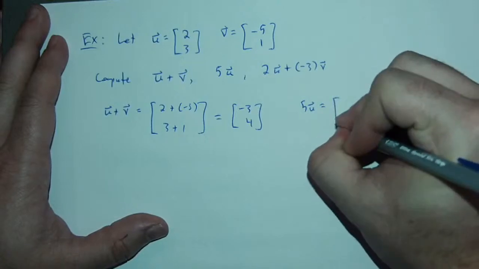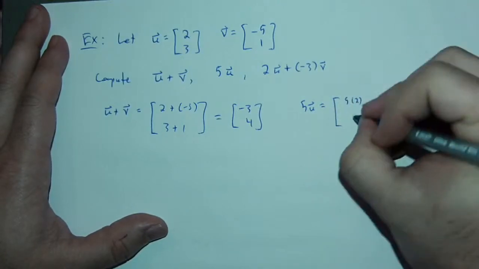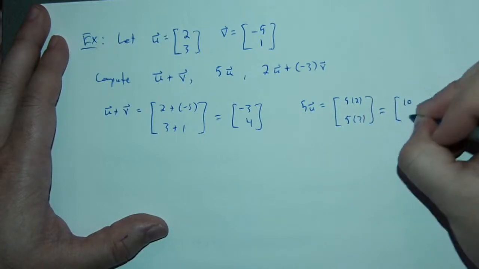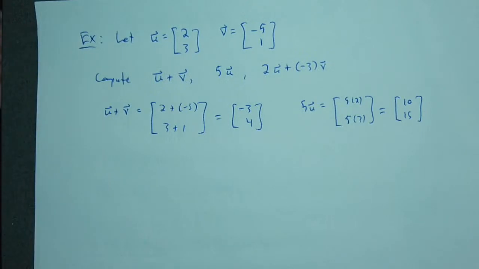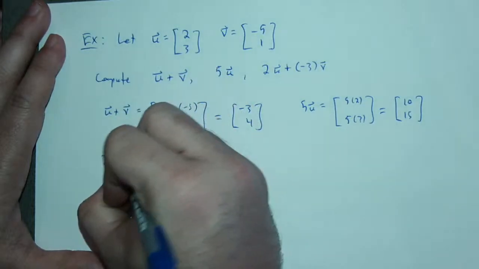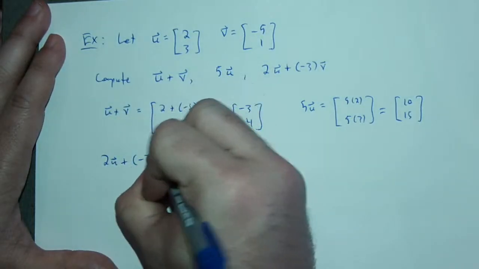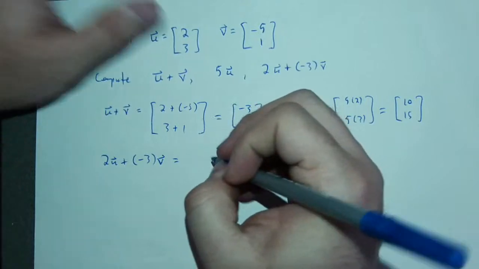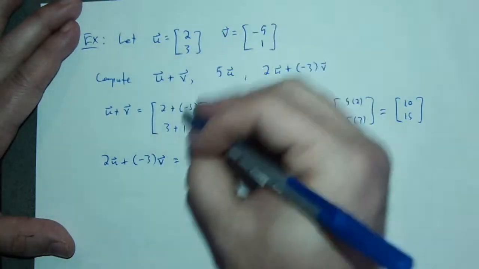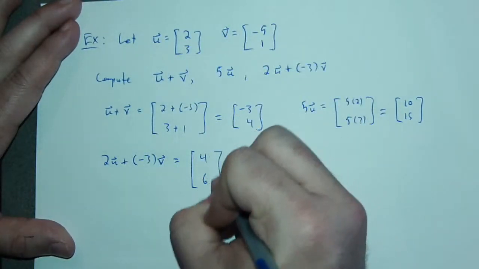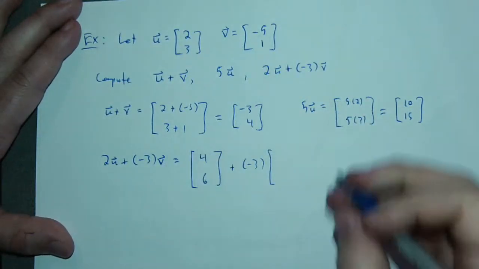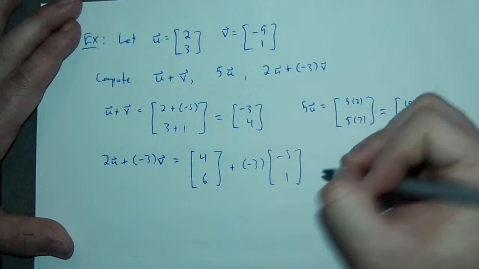5u is 5 times 2, 5 times 3, so this is (10, 15). And lastly, 2u plus -3v. 2u is (4, 6), plus -3 times v, which is (-5, 1), so this gives (15, -3).